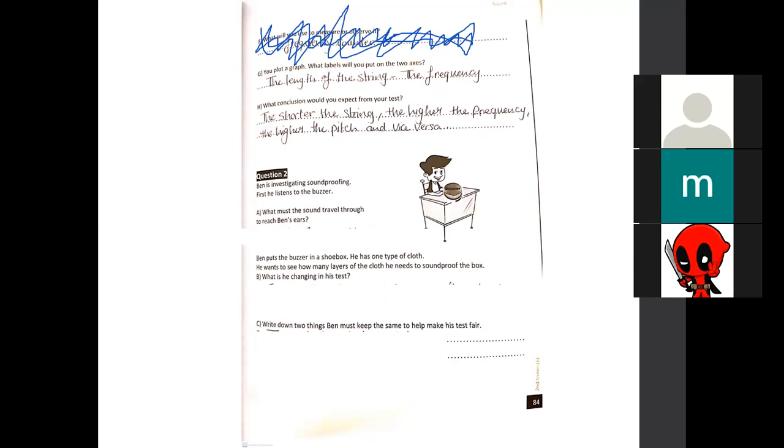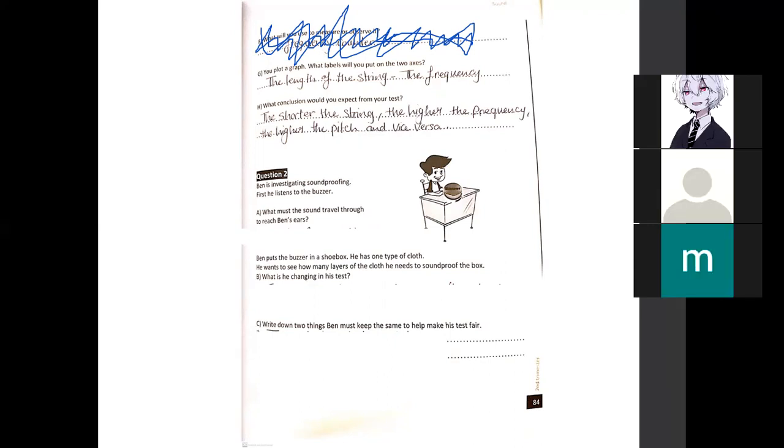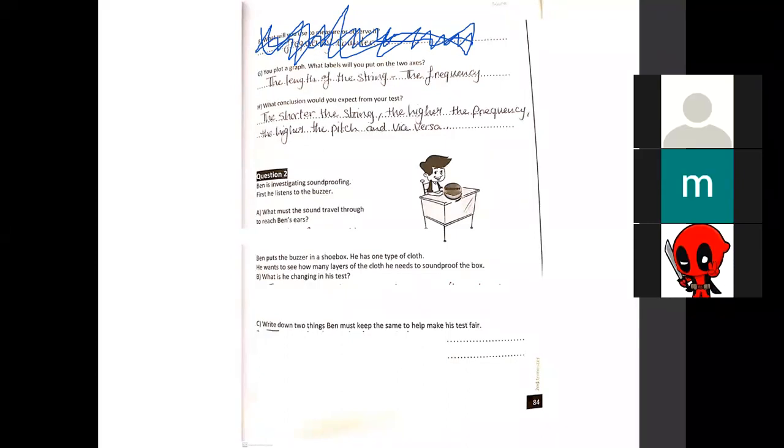Waves. What's the meaning of waves? No, we're talking about the medium that the sound will travel through. What medium will the sound travel through to reach Ben's ears?